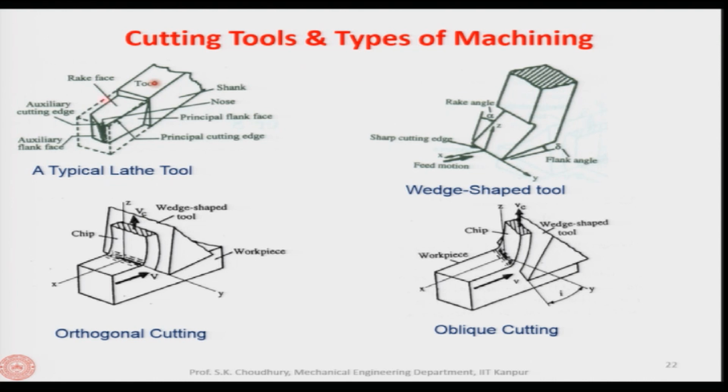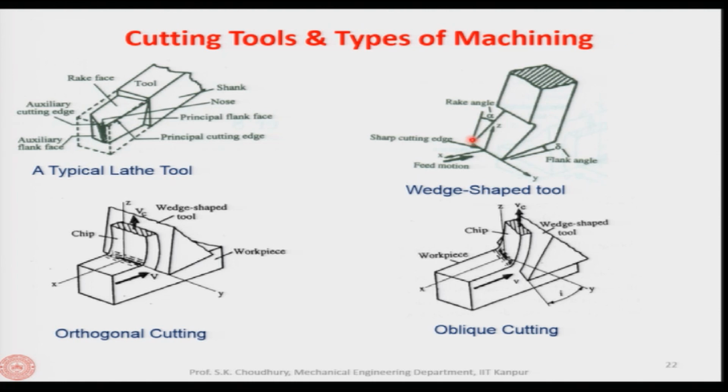Now, instead of showing the lathe tool in the analysis, it is easier to analyze the cutting process with the help of a wedge shaped tool, because here also we have the rake face and the flank face. The inclination of the rake face is defined by the rake angle, which is the angle between the rake face and a line perpendicular to the cutting velocity vector. This is not the straight line, as sometimes people confuse.